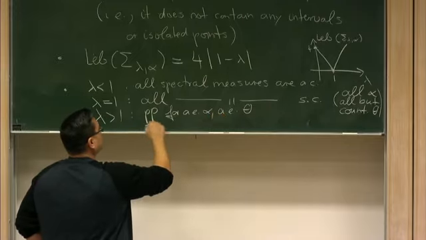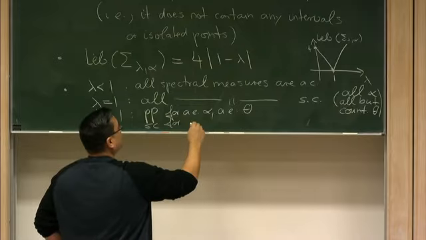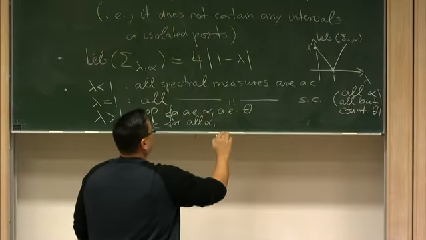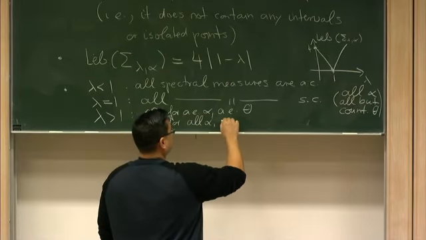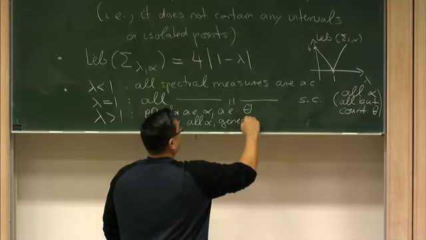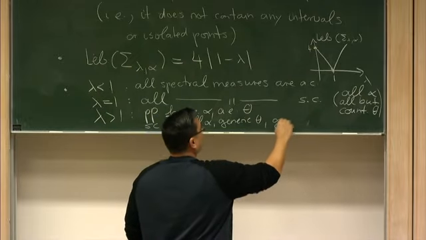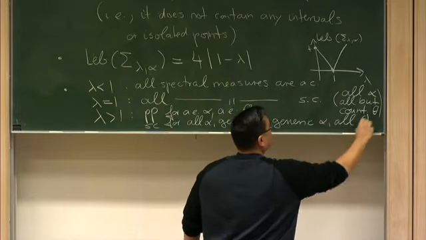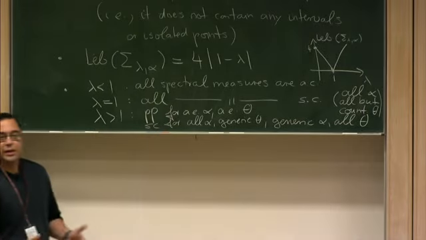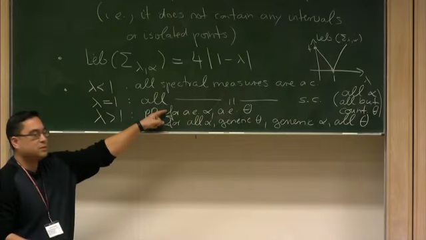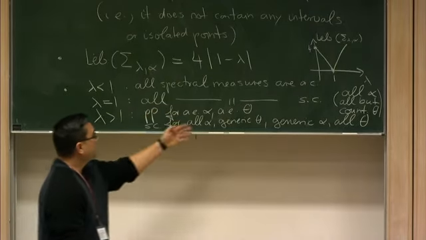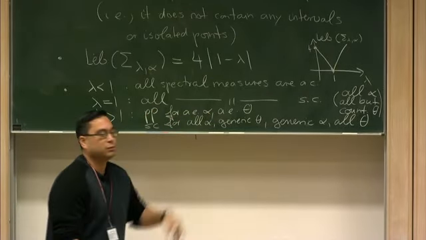And then it's singular continuous for, there are two types of results, all alpha and generic theta, or generic alpha and all theta. Generic means dense G delta set, but by this result here, these will be zero measure dense G delta sets. Okay, so you can't really improve this from a measure perspective.